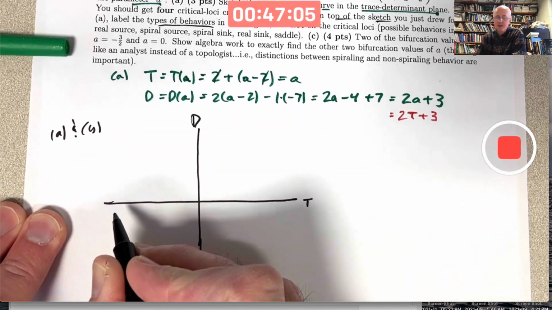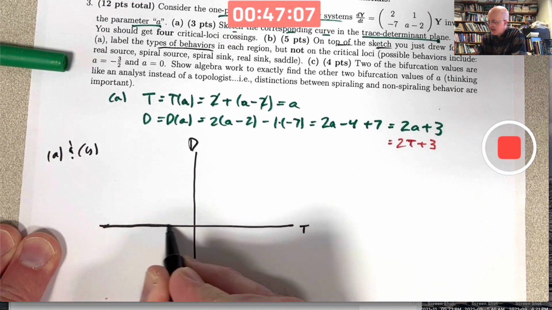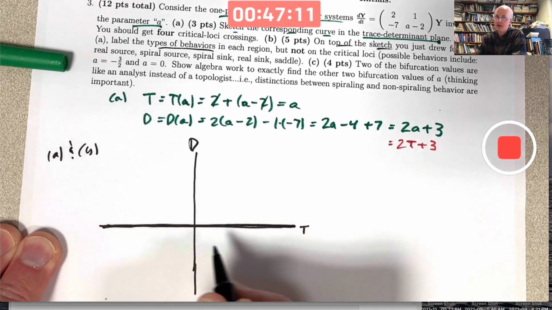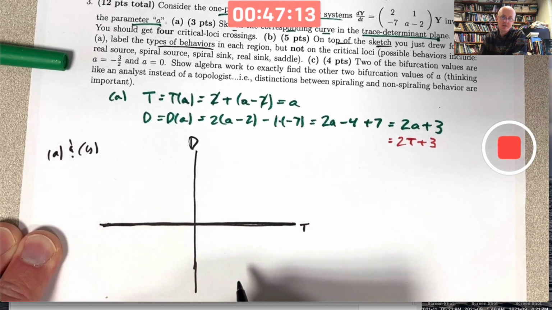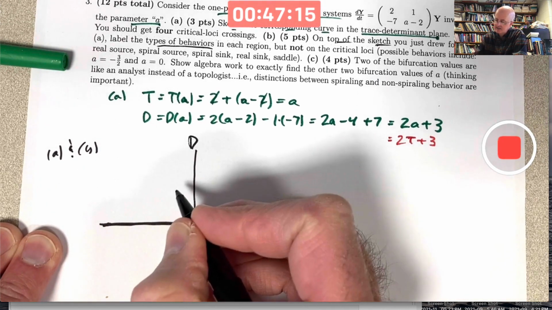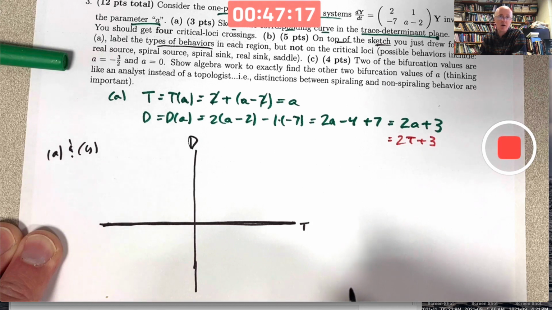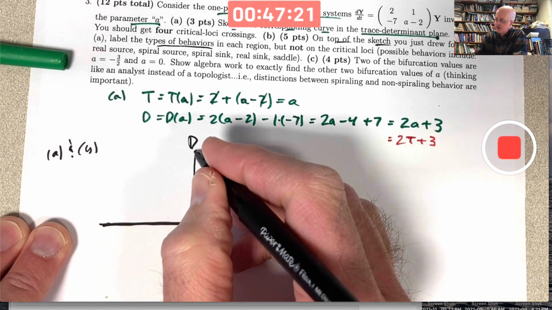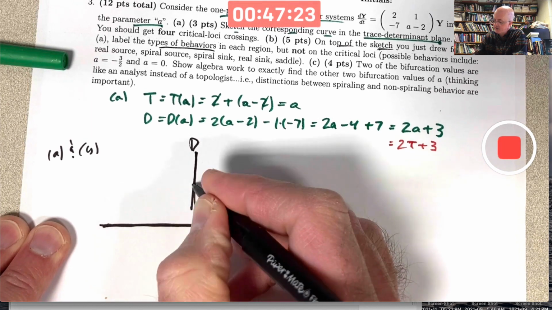One critical locus is the t-axis. When d is negative, for example, like I mentioned before, that means the origin is going to be a saddle point. As you cross this t-axis where d is 0, a bifurcation occurs. Another critical locus, which I did not mention before, is the positive d-axis.